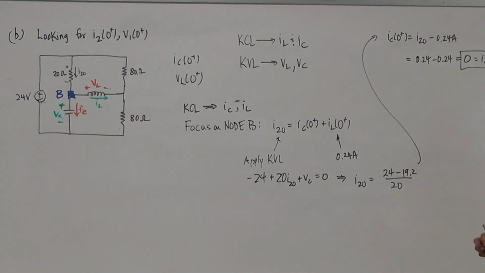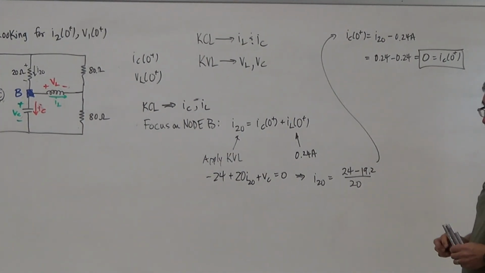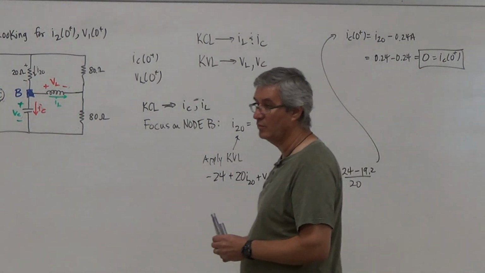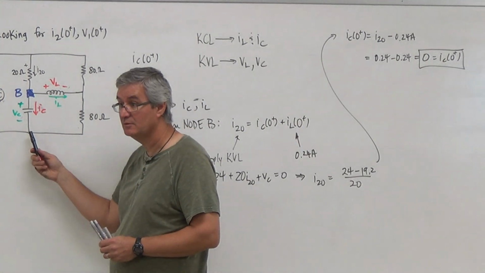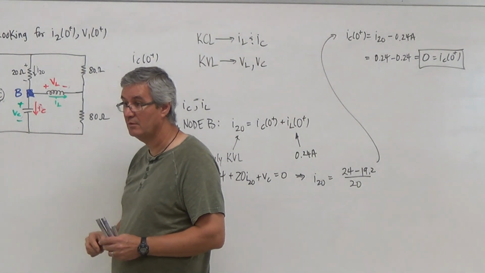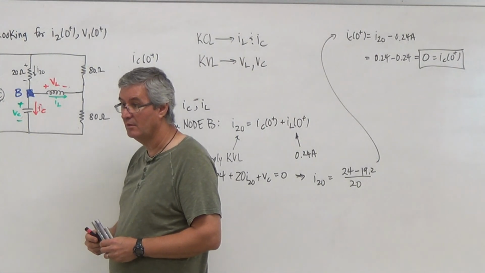Because we're kind of doing all these calculations based on the instant that the switch is closed, can we, by convention, still assume that capacitors act like opens? No, the voltage is, but the current in the branch is changing. I know it's changing, but at the instant that it shuts, we're getting 0, right?